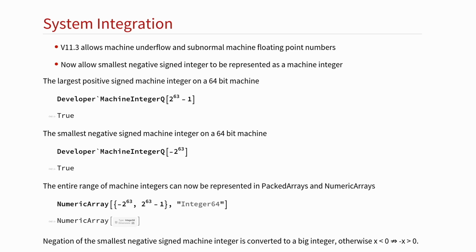C represents signed numbers in a slightly asymmetric way. The largest machine number that can be represented is 2 to the 63 minus 1, and the largest negative number is minus 2 to the 63. This was always not allowed to be a machine number in Mathematica before.